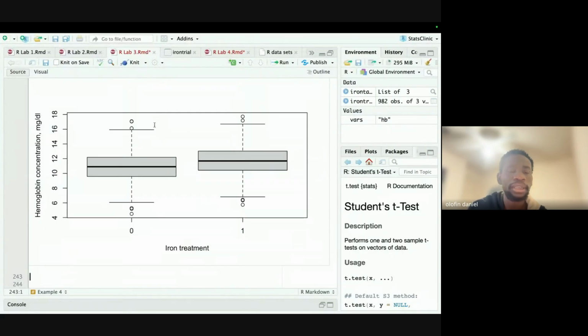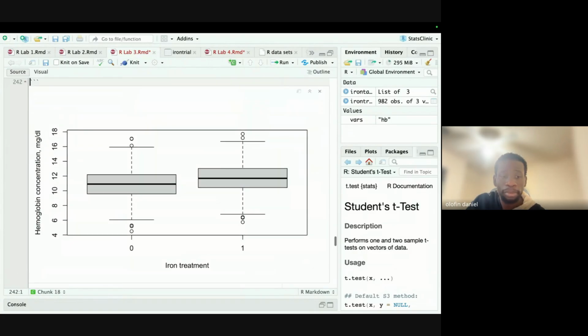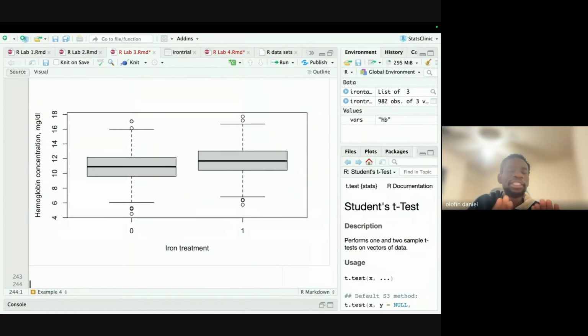This is for pregnant women on placebo, and this is women on iron supplement. From this visual itself, you can see the changes, if there are changes in their hemoglobin concentration between the two groups, even slight changes.